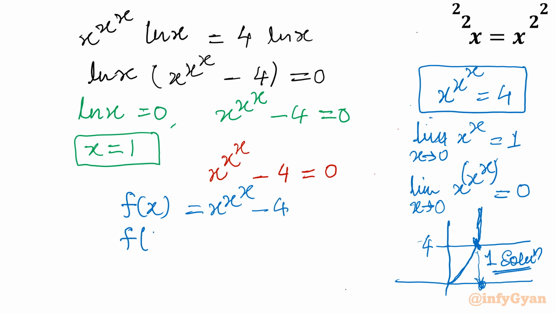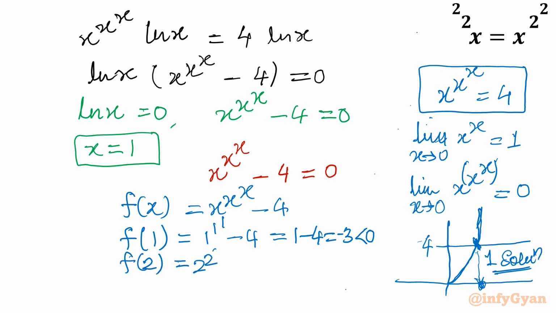I will calculate f(1): 1 power 1 minus 4, which is 1 minus 4, negative 3. The value is negative. Let's see for x equal to 2. I will put 2 power 2 minus 4. So 2 power 2 is 4, 2 power 4 is 16, and 16 minus 4 is 12.